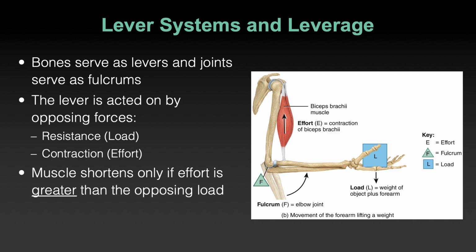Of course. Your biceps will only, or your forearm will only flex, your elbow will only flex if the force at the biceps is greater than the opposing load. And this is not a problem normally, but it comes into play when you think about holding a dumbbell then.